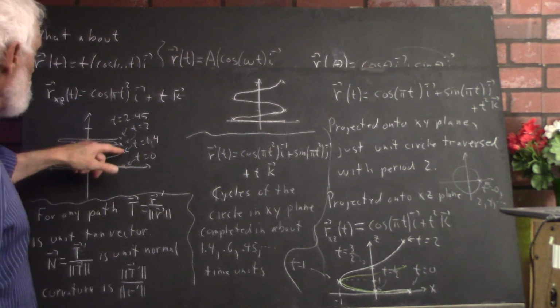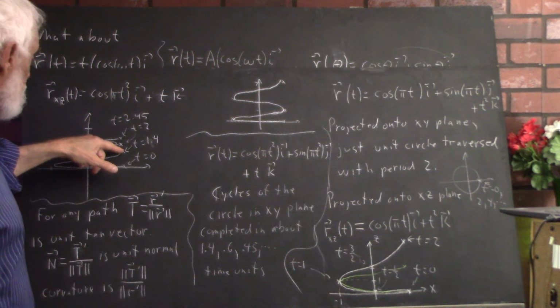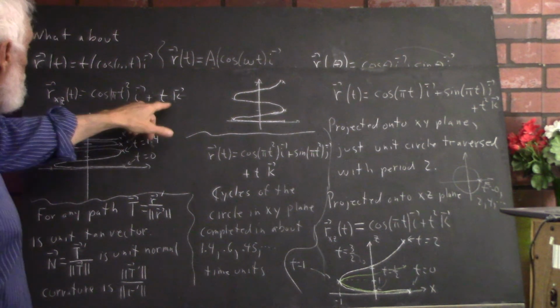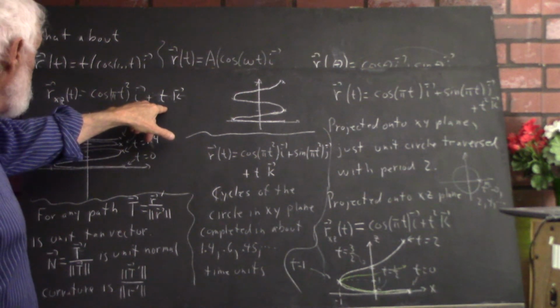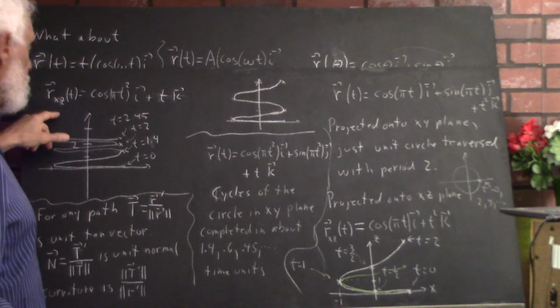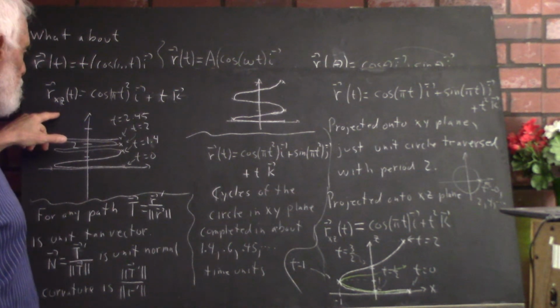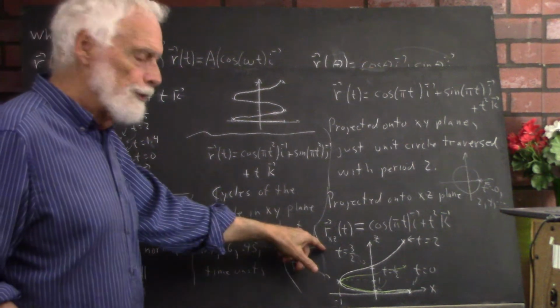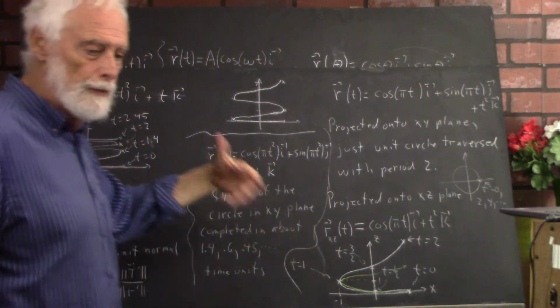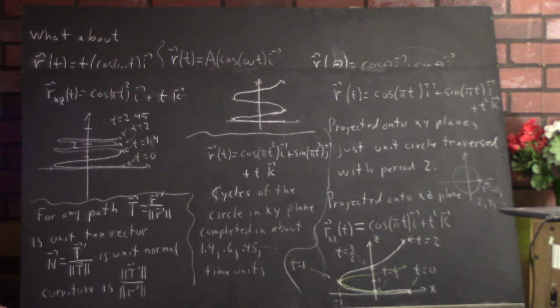And we go up further in the first cycle than we do in the second because we're going up at a constant rate. Now this r_xz, probably bad notation, I used it down here. It just means the xz projection of our path.